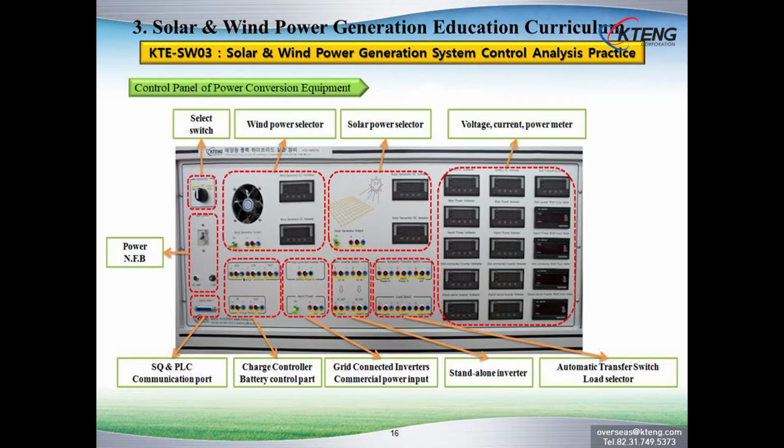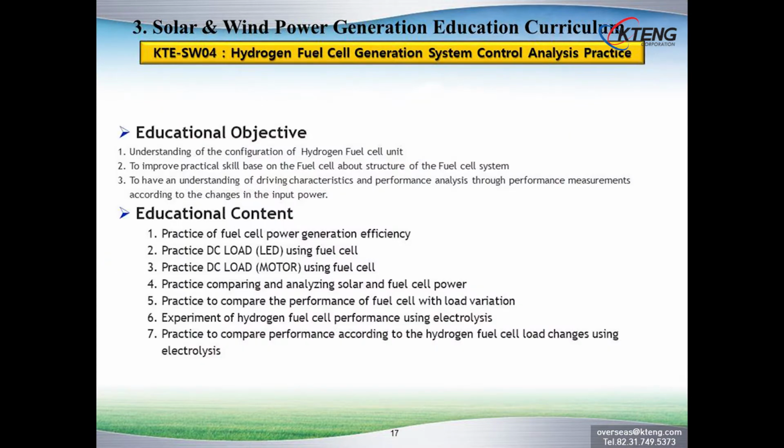So, trainees can learn about control methods of solar and wind power generation systems. This panel also includes a variety of measuring devices, so trainees can check the measured values in real time without a PC.